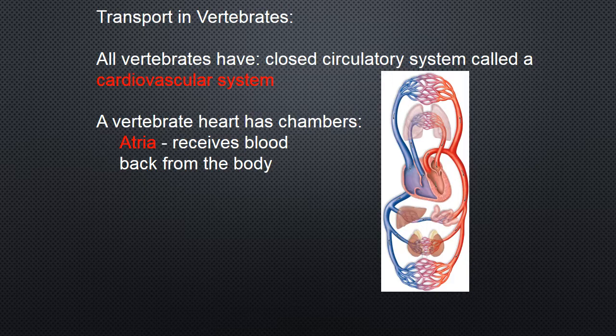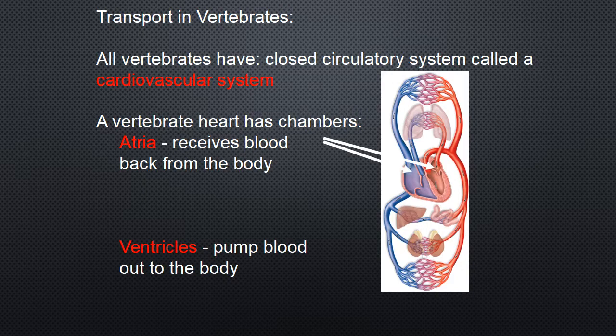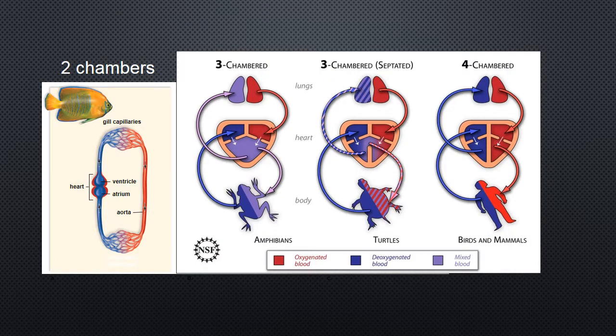The vertebrate has chambers within the heart: the atria, which receive the blood back from the body, and the ventricles, which pump the blood out to the rest of the body. So when we look at the different groups of our vertebrates and the chambers of their heart, let's start with the fish.